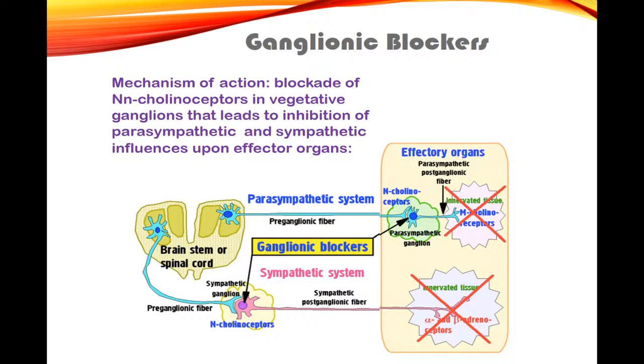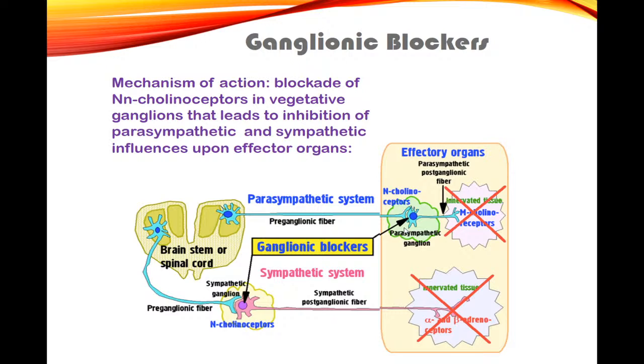So, ganglionic blockers and peripheral myorelaxants. Ganglionic blockers. We have discussed this scheme. This is the parasympathetic arc, including two neurons, central and ganglionic. And the sympathetic arc also includes a central neuron and a ganglionic one. Both in parasympathetic and sympathetic ganglia there are N-neuronal cholinoreceptors.